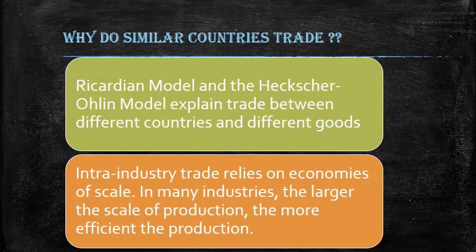So this explains why different countries trade. But why do similar countries trade? India and USA have a reason to trade because India can export labor-intensive products, and USA can export capital-intensive products. But why do USA and Germany trade?